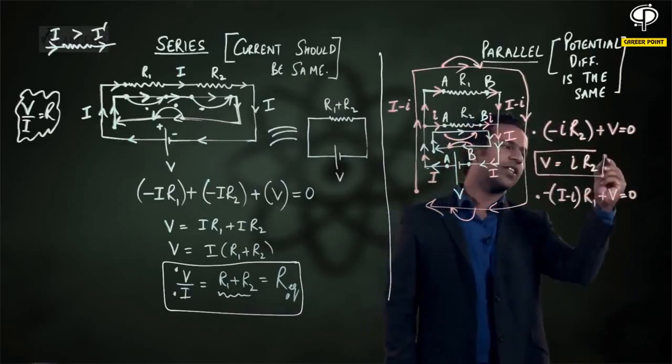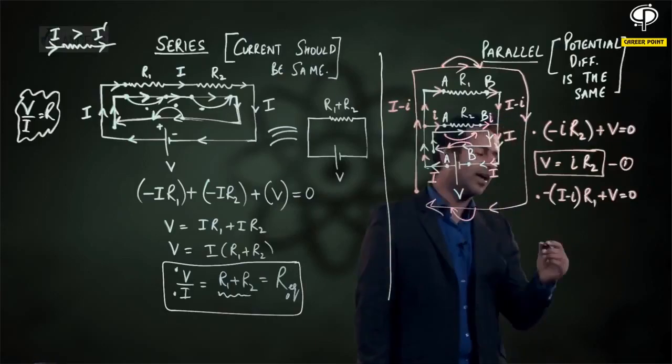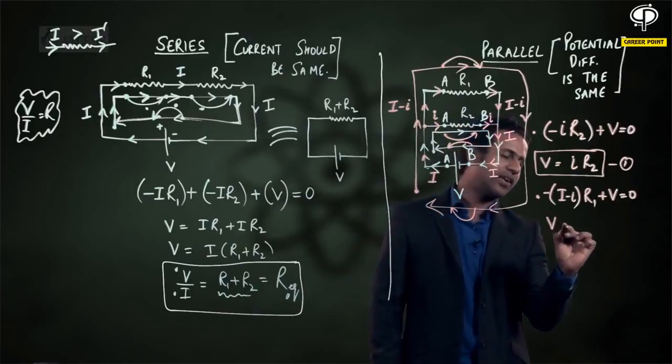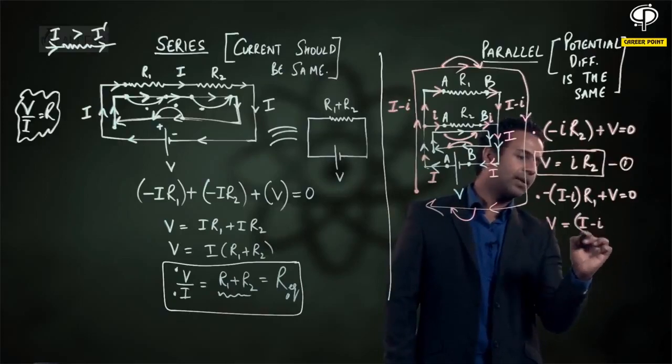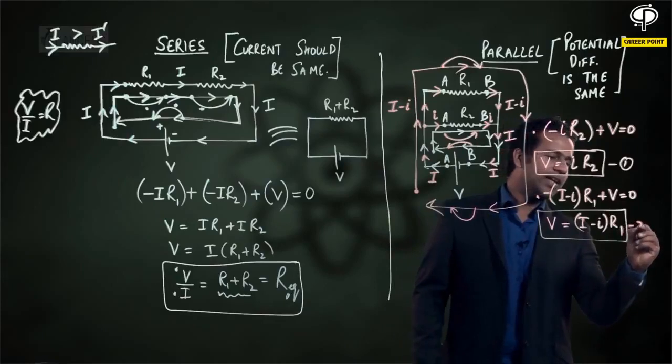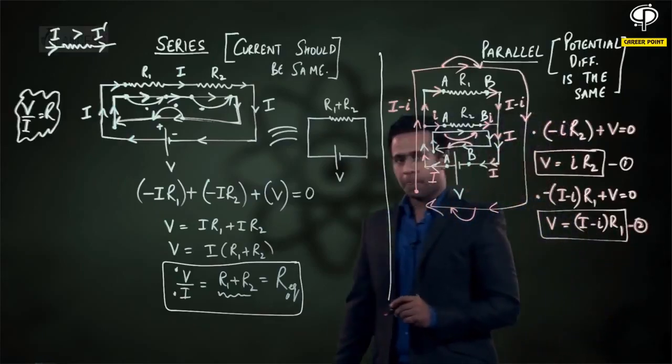So this was the first equation, and from here we get the second equation, that V is equal to I minus i times R1.